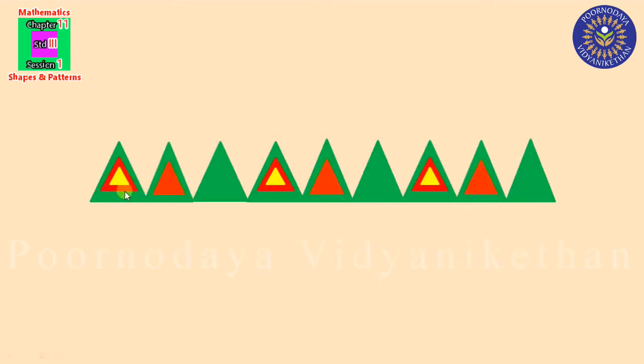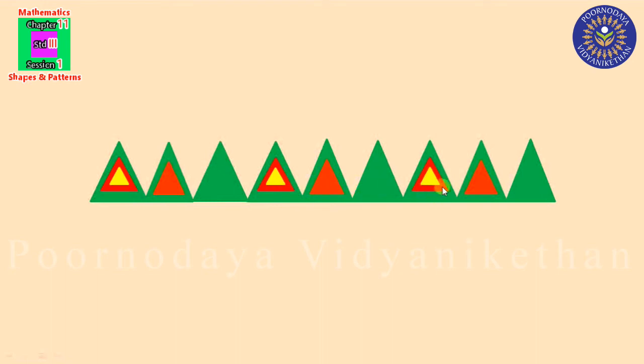Look at these triangles. Is it a pattern? Yes. In the first triangle, there are 3 colors. In the second triangle, there are 2 colors. And here, it's a single color, isn't it? Again, the first one is repeated. See here, 3 color triangle, 2 color triangle, single color triangle.